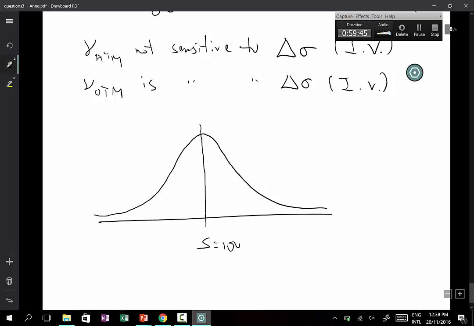Now, this is vega. It is true that when options are at the money, vega is maximum. It's the highest.